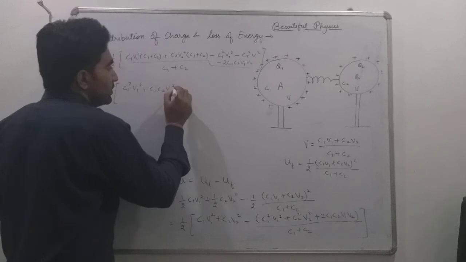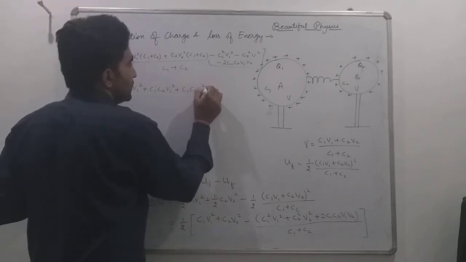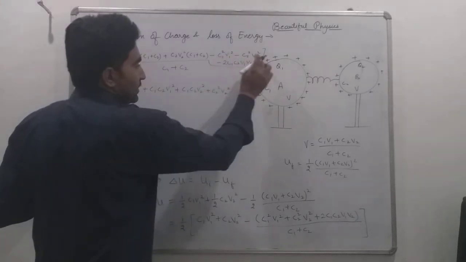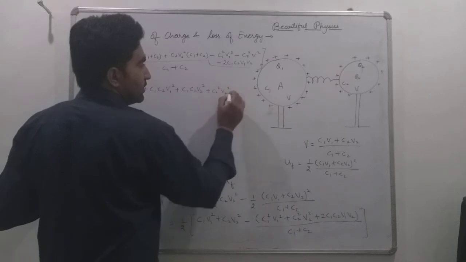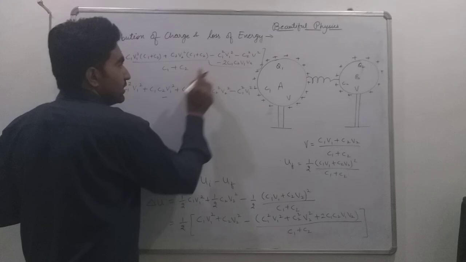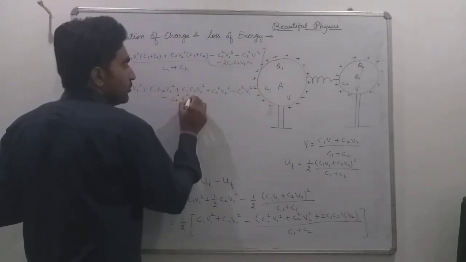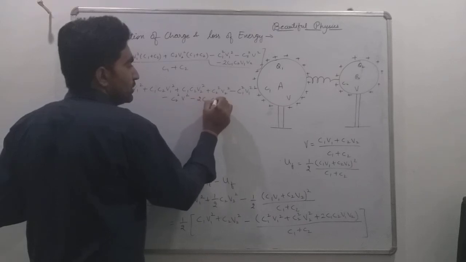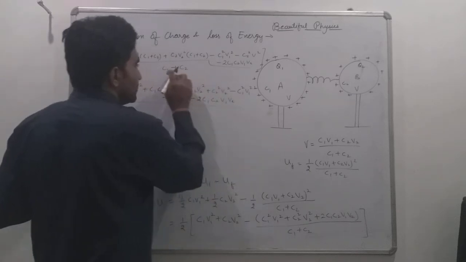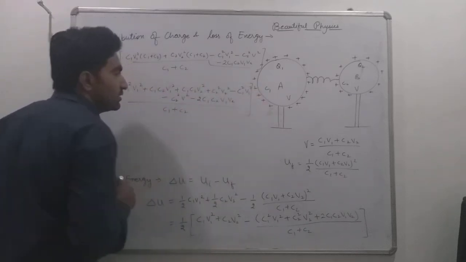Similarly for this term we have C1 C2 V2 square plus C2 square V2 square, minus C1 square V1 square, minus C2 square V2 square, minus 2 C1 C2 V1 V2, divided by C1 plus C2.